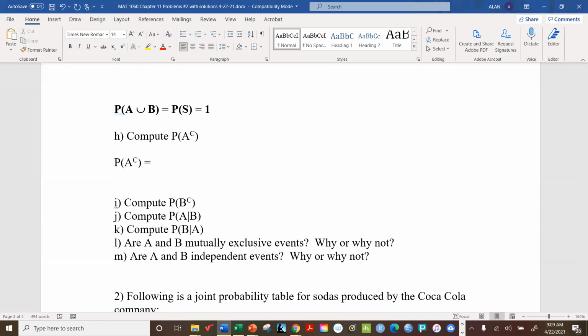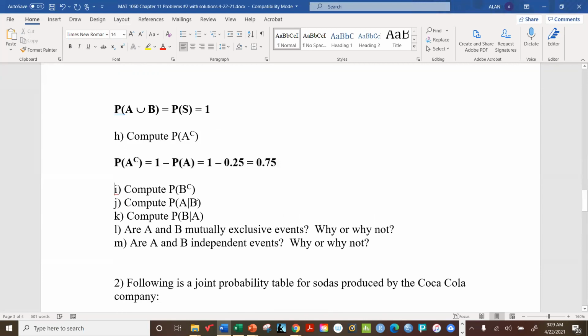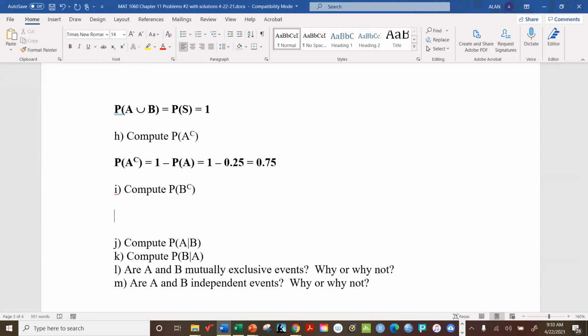A complement equals 1 minus the probability of A, 1 minus 0.25. Oh, there you go. Well, that couldn't be much easier. And then B complement, same thing, equals 1 minus the probability of B, which is 1 minus 0.75, which is 0.25.